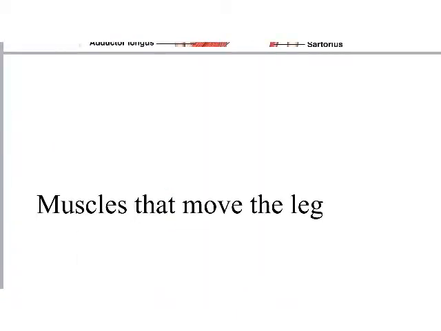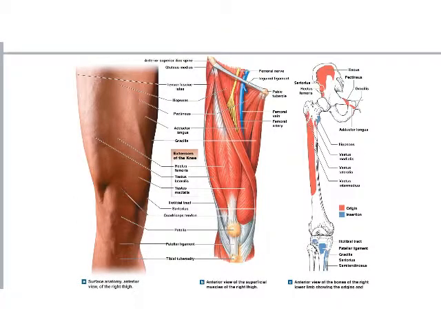Okay, if we go ahead and move on down the leg now and talk about muscles that move the lower leg, or we could talk about them as muscles that move the knee joint, we'll find a new group of muscles. So once again, we can look at muscles anteriorly, and we can look at muscles posteriorly.